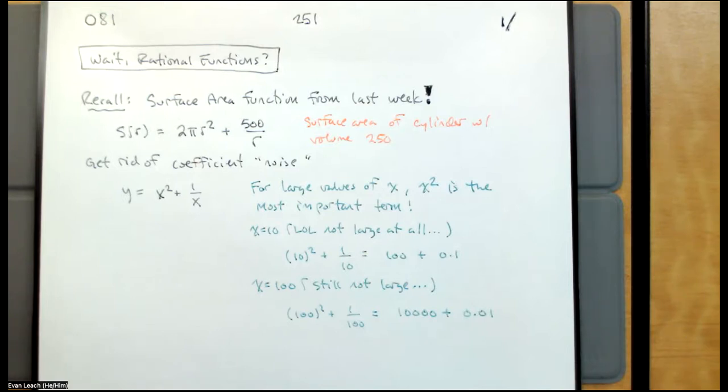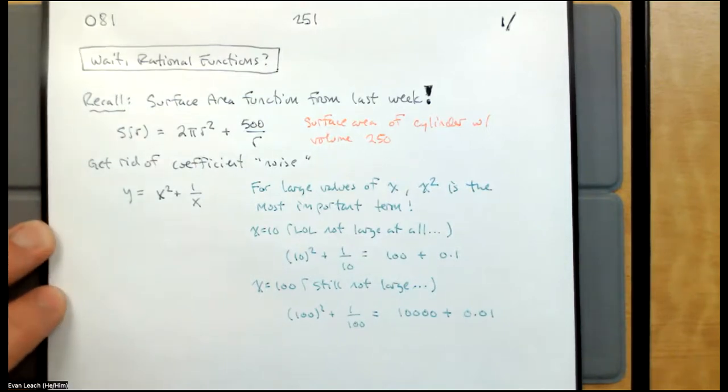It's the most important part of the function. But for small values of x, x squared is less important, and 1 over x starts to win. It makes sense. The limit as x goes to infinity of x squared is infinity. The limit as x goes to infinity of 1 over x is 0.